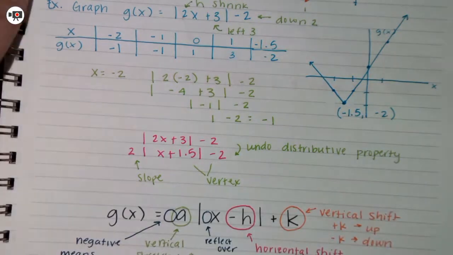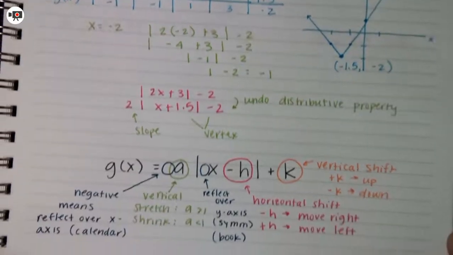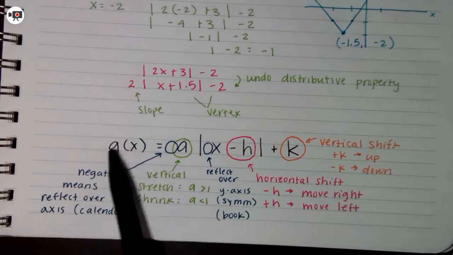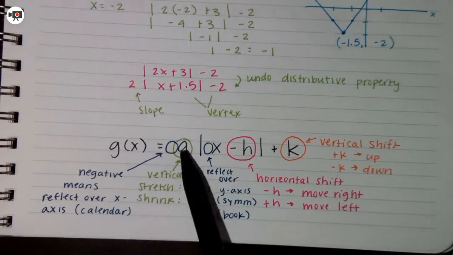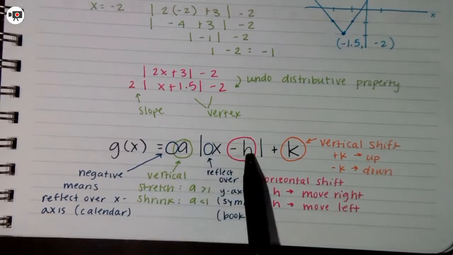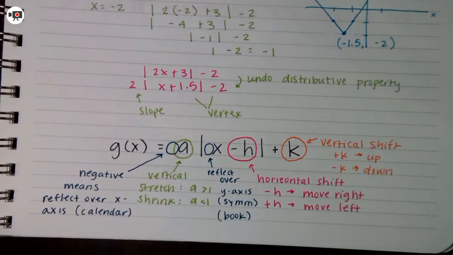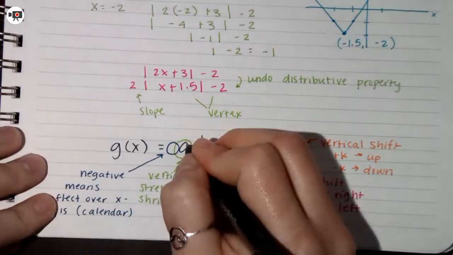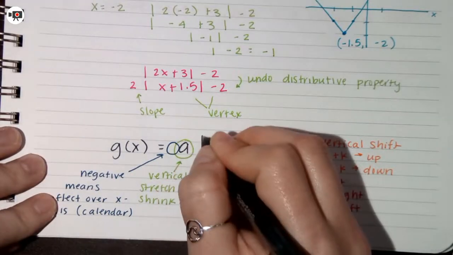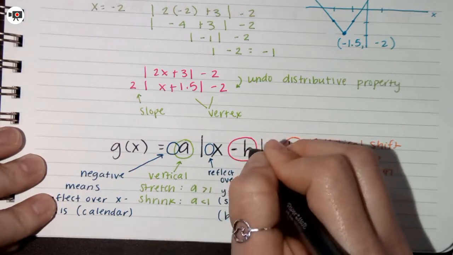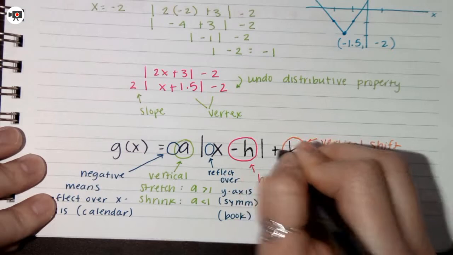Now just to understand a little bit more of what vertex form means, I have g of x equals a times the absolute value of x minus h plus k. A little difficult to see, but it's there. Each part in here does something different.